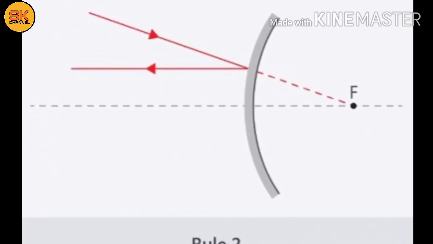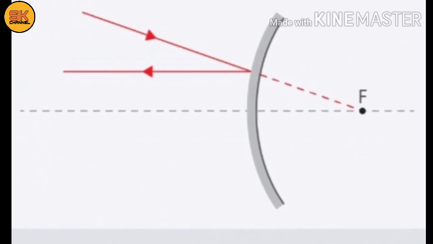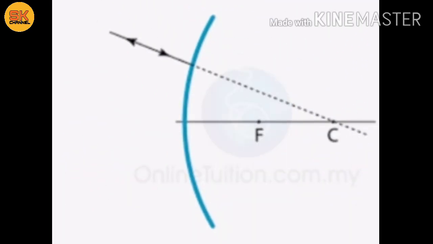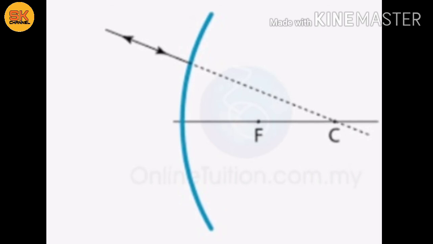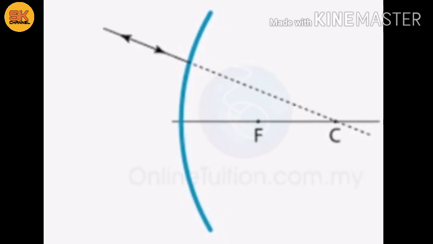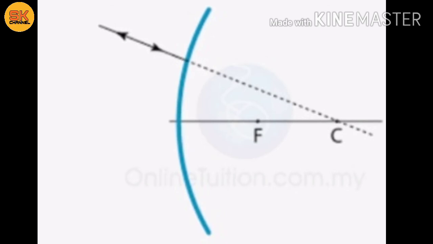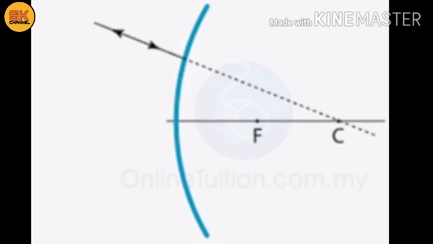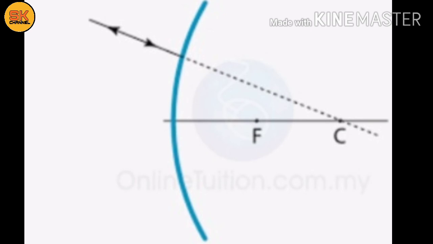A ray traveling in the direction of the focal point after reflection will become parallel to the axis. Rule 3. A ray traveling in the direction of center of curvature will, on reflection, travel in the opposite direction and appear to be coming from the center of curvature, means it retraces its path. These are the 3 rules to draw ray diagrams for convex mirror.